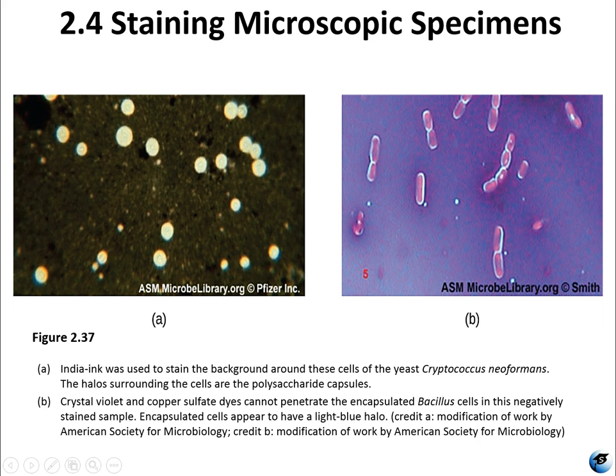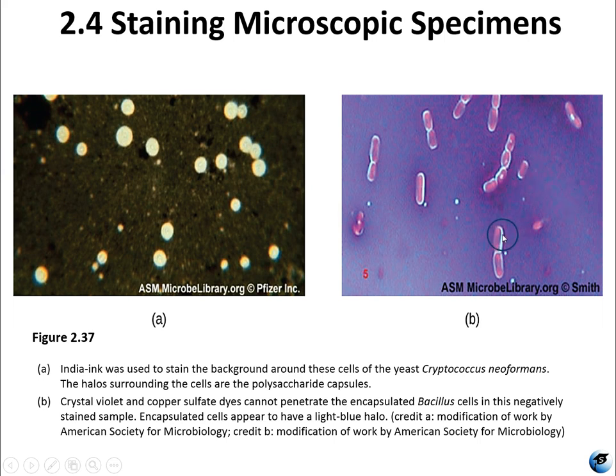So what you have to do in order to visualize capsules is you dye the background with an acidic dye, just like you would in a negative stain. And then you dye the cells themselves with a basic dye, just like you would do in a simple stain. So a capsule stain is basically combining a simple stain and a negative stain. And what you end up with, it's easier to see over here, is a dark background and then cells that have taken on a color.